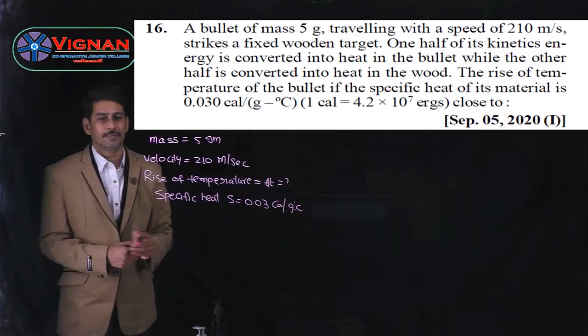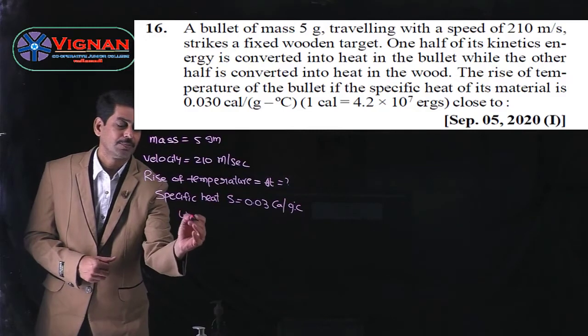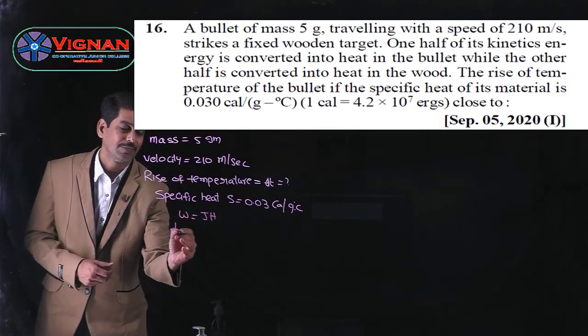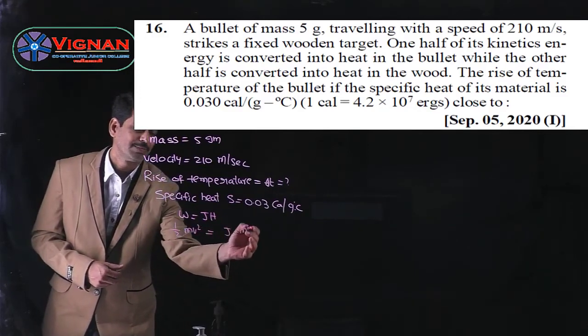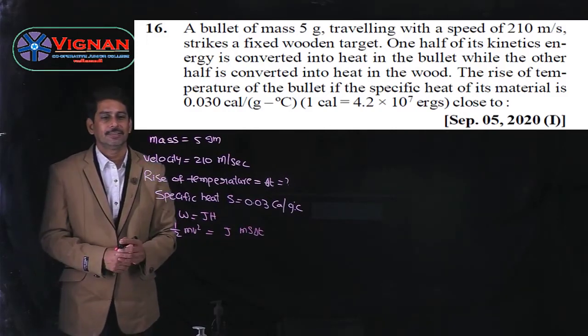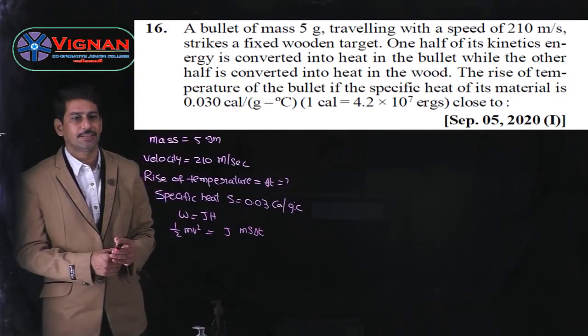So this is solved by using Joule's law, and we know Joule's law is nothing but W is equal to J into H. Here the work done is nothing but half mv squared is equal to J into heat energy, which is ms delta T. But here only half of the work done, that is the kinetic energy, is converted into heat.